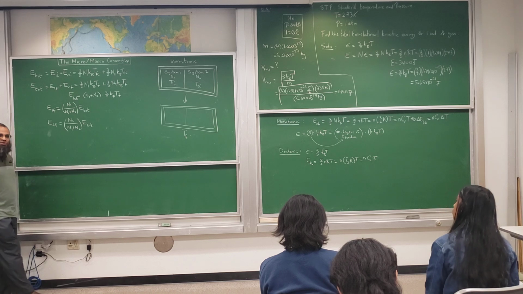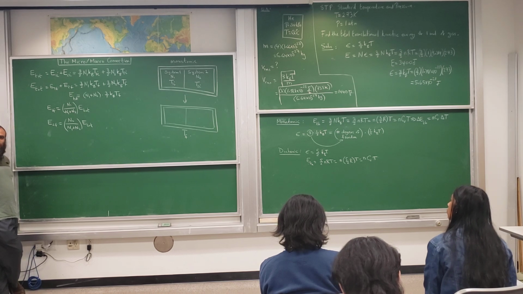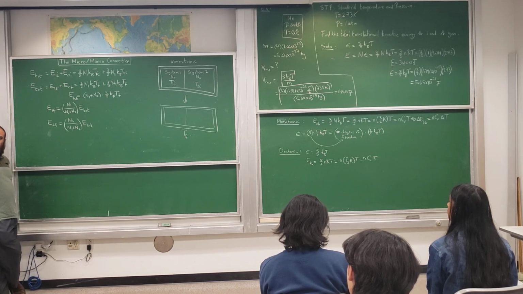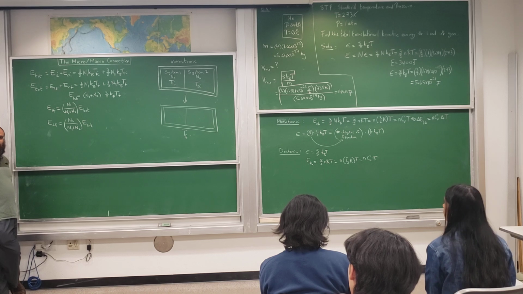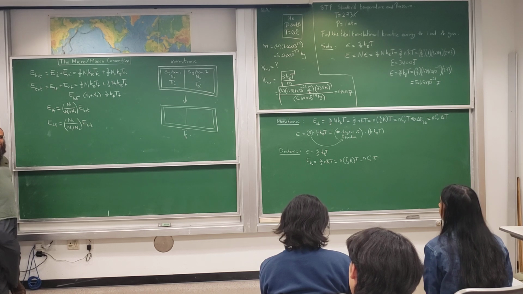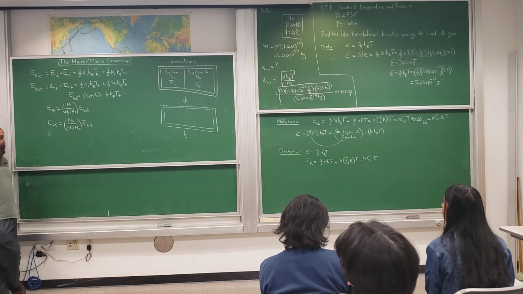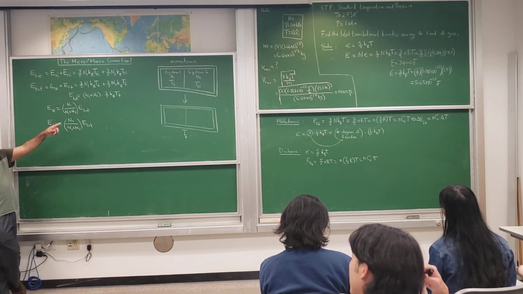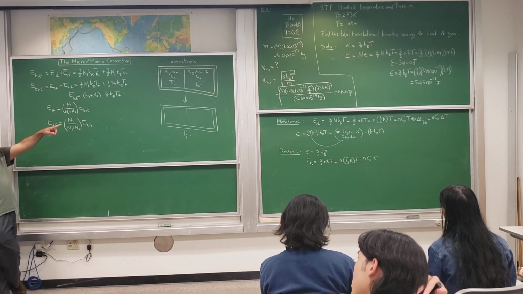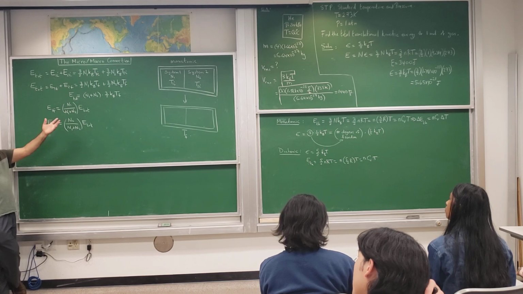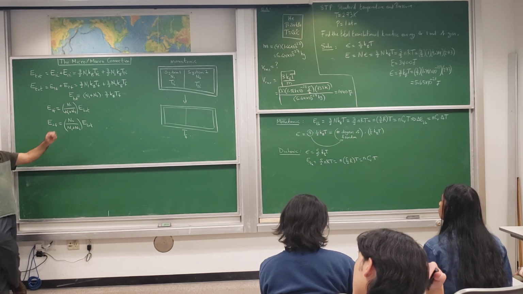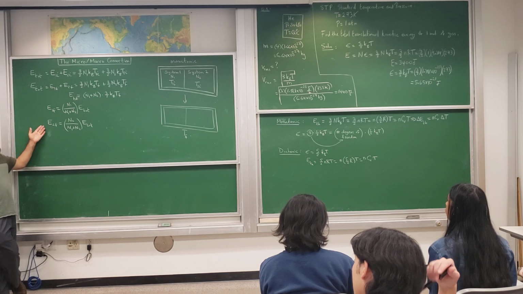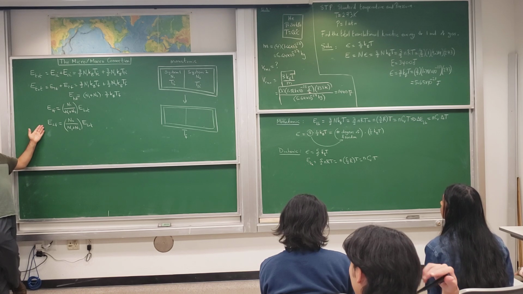What do you think the relationship is going to be between Q1 and Q2? They should be negatives of one another. If heat flows from 2 to 1, so let's say 2 lost 10 joules of heat, 1 should gain 10 joules of heat. So they should be negatives of one another. So we want to just go through the algebra and then show that.